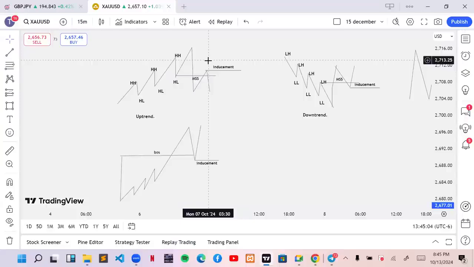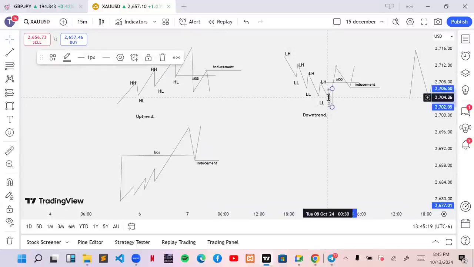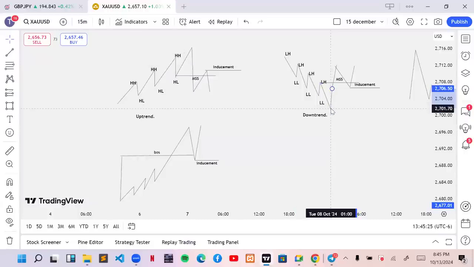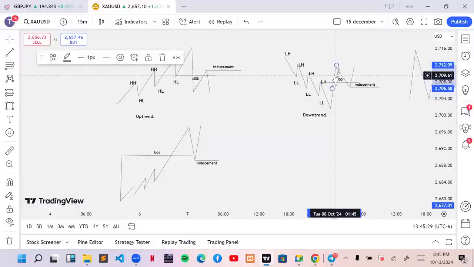The market will eventually come down or come up to sweep that liquidity. By sweeping it, I mean go out and then go below that liquidity zone and trigger the main point of interest, or eventually selling or buying. That is what inducement is. It's a trap in the market, the first valid pullback that the market makes after a market structure shift or a break of structure. So that is the liquidity part of my strategy.